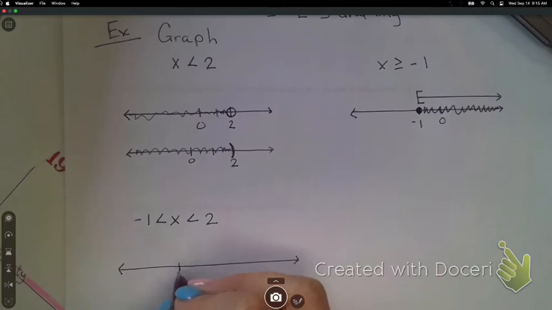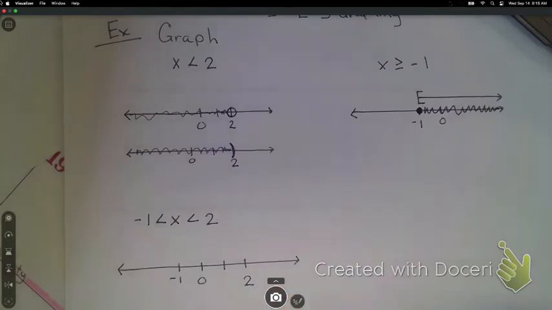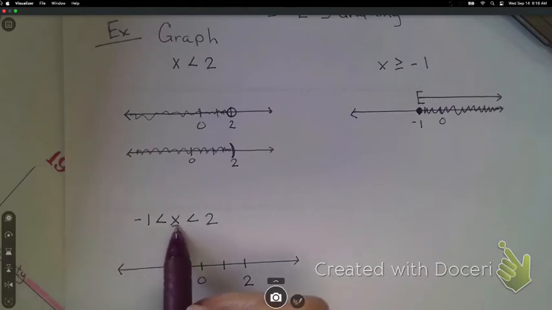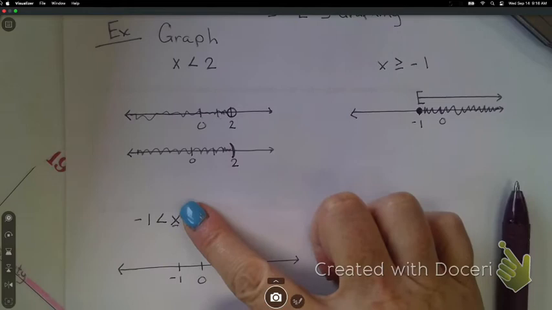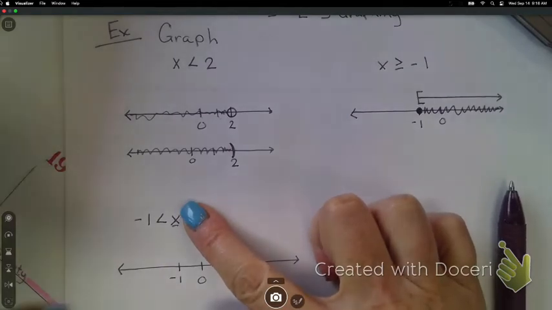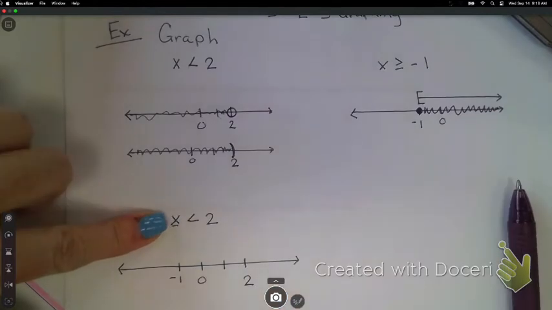So I have to have -1, 0, and 2. So the statement says my x is bigger than -1. Yes? So that would be to the right. But it also says my x is what? Less than 2. So that would be to the left.